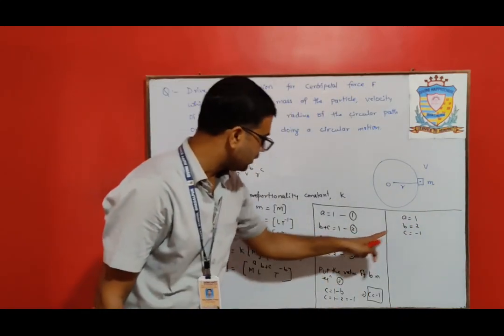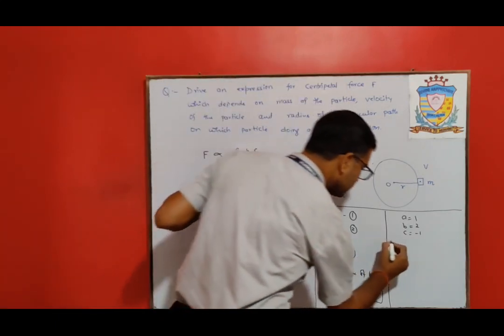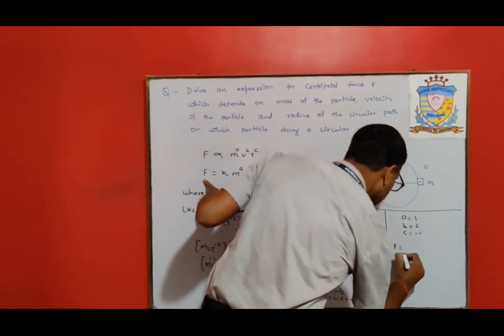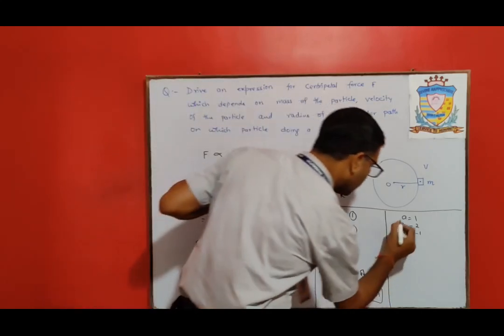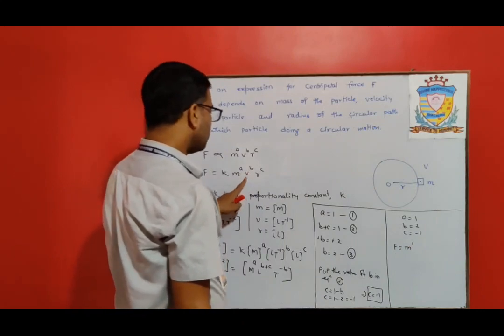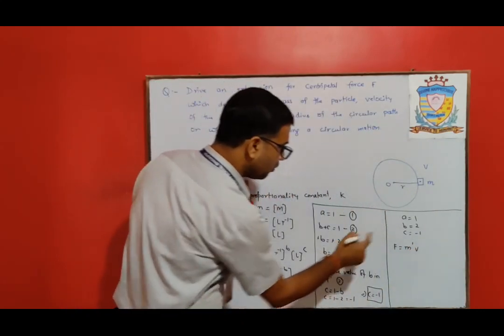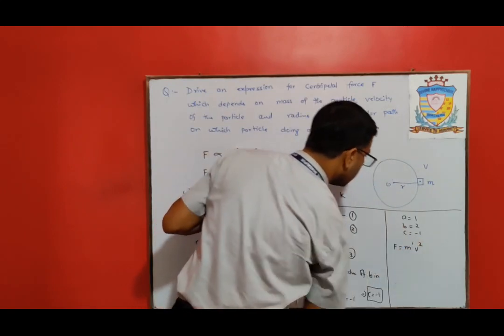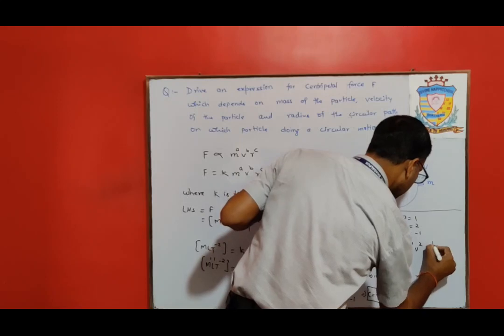Now put these values in this equation. Clear? So F becomes m to the power A, so m to the power 1, v to the power B, and the value of B is 2, r to the power C, or r to the power minus 1.